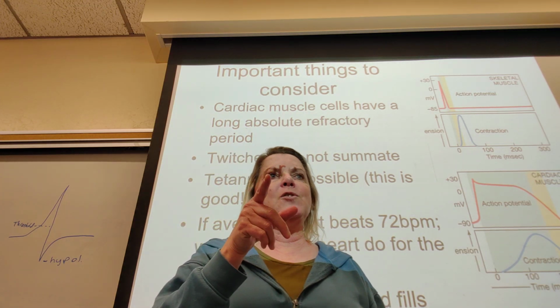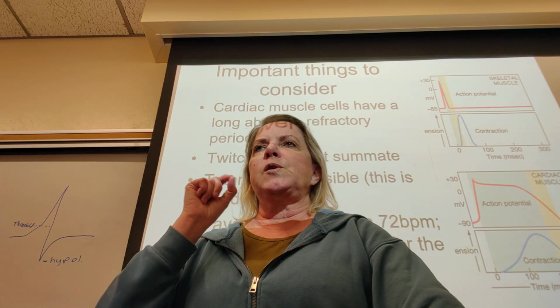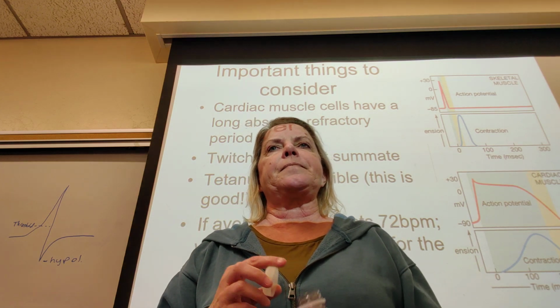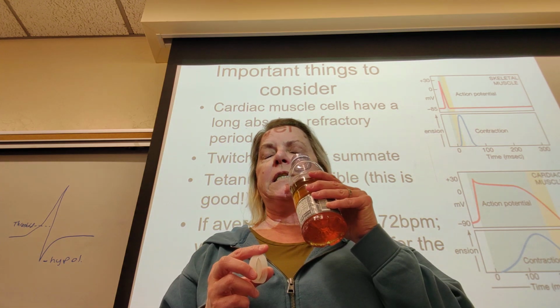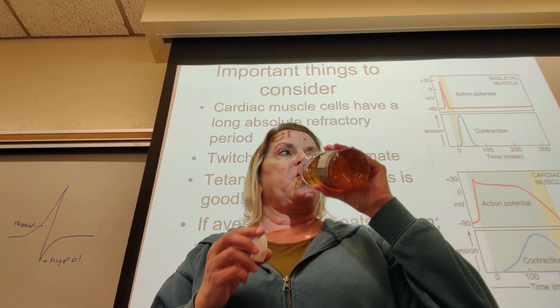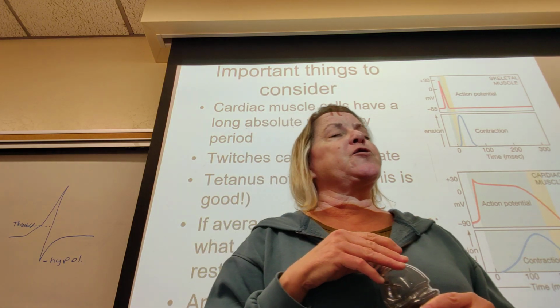I'll remind you, because you just had a lab exam on this, what are the first branches off of the ascending aorta? Nope. That's the first branch off the aortic arch.